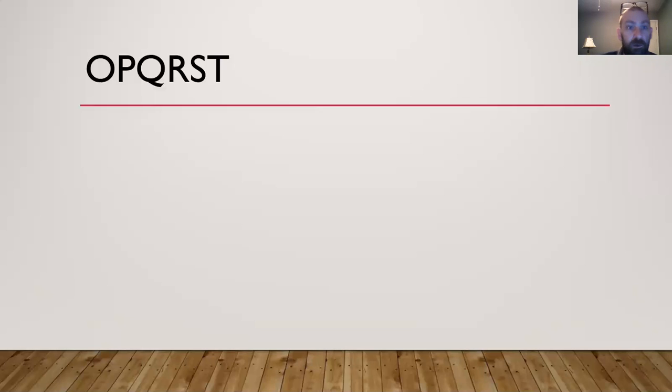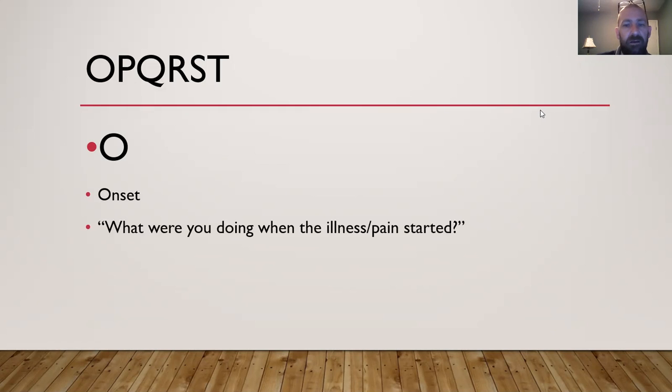All right, OPQRST. Let's get through this. OPQRST is going to be an acronym that we're going to use for the history of the present illness. This is what we're going to use to figure out what's going on right now with the patient. O stands for onset.